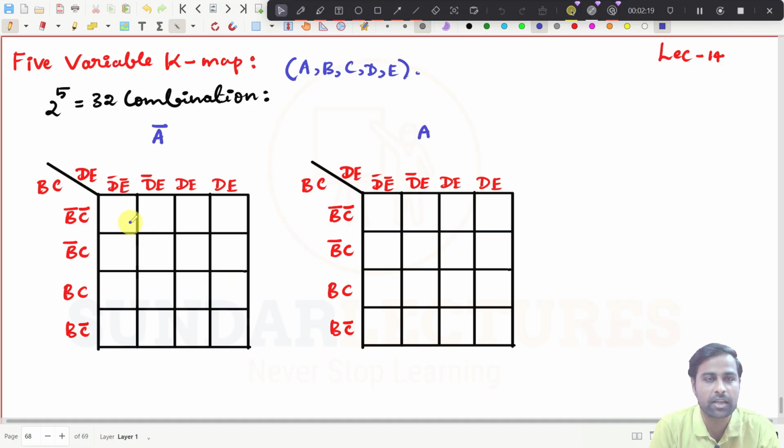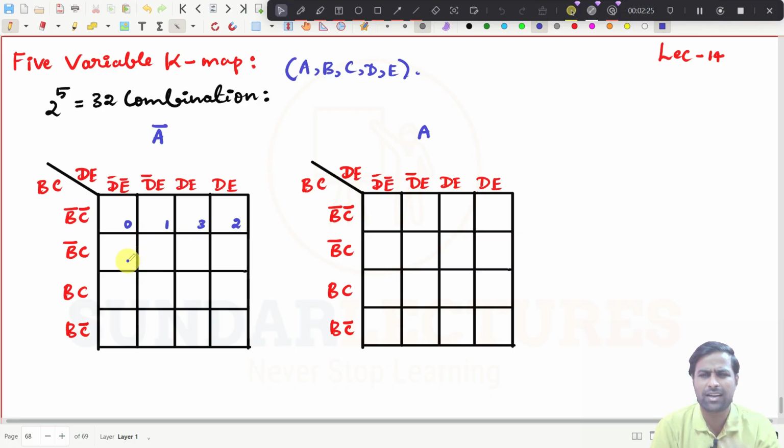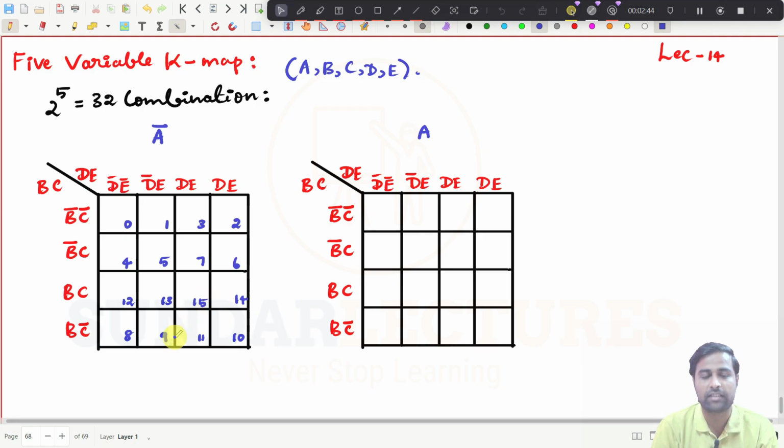How will you write the min terms? This is 0, 1, 2, and 3. You know this one, as in the 4 variable k-map. Then this is 4, 5, 6, and 7. Then 8, 9, 10, 11, and 12, 13, 14, and 15.